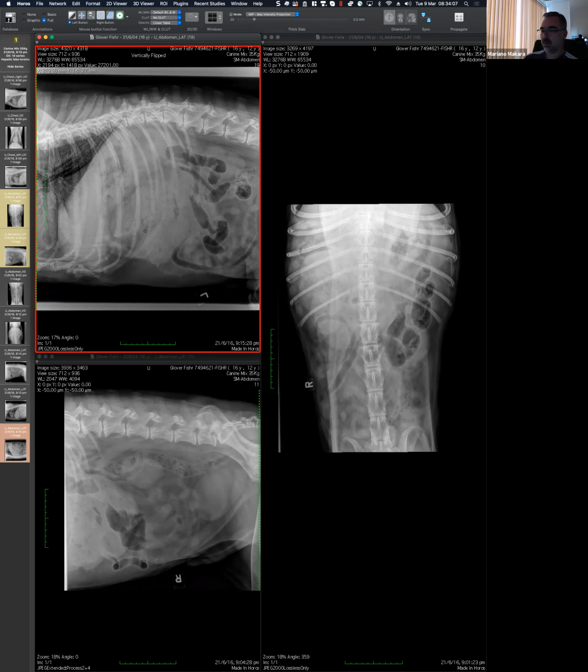Okay, let's continue with the case. So now is a guessing exercise. What could it be? As a summary, there is a mass with mixed opacity, with undulating contours. There is a suspicion of a mild amount of free fluid, and it's located in the cranioventral abdomen, mostly to the right of the sagittal midline. So that's the summary.